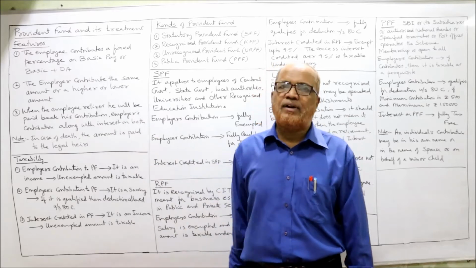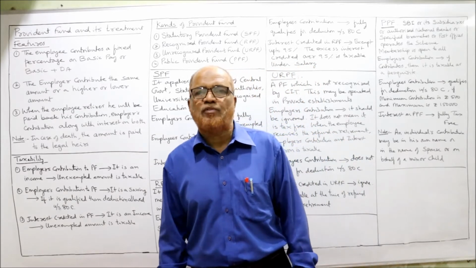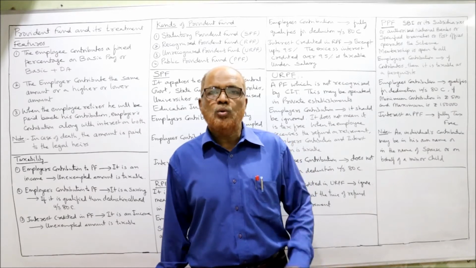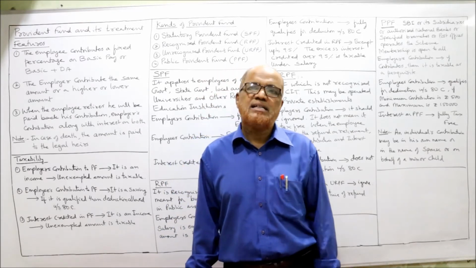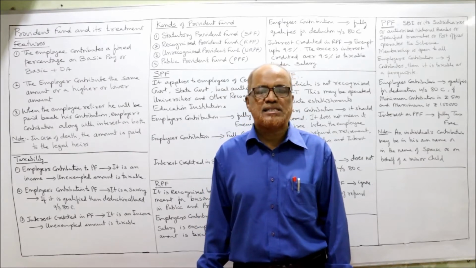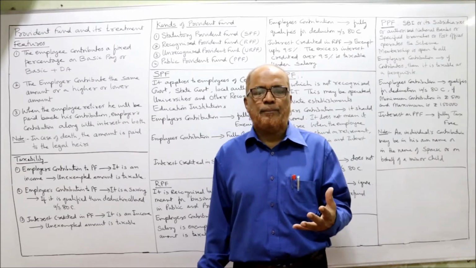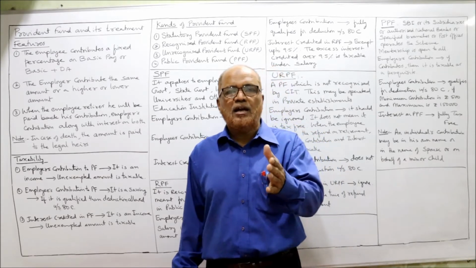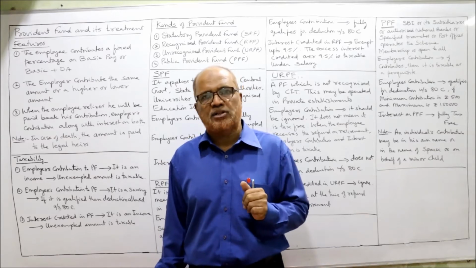What is Provident Fund and what is the tax treatment for Provident Fund? To promote social security through savings, the government has framed a scheme called the Provident Fund scheme. Generally, a person who is employed will earn an income up to the age of retirement.